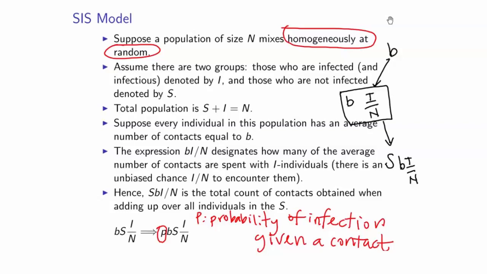So not every contact is successful in passing on the pathogen, right? Even though you may have contacts between individuals that are carrying the infectious agent and individuals that do not have it, that doesn't mean that every contact is going to lead to an infection. So there is a degree of randomness, a degree of uncertainty, and that's precisely what this parameter P denotes: the probability of infection given a contact.